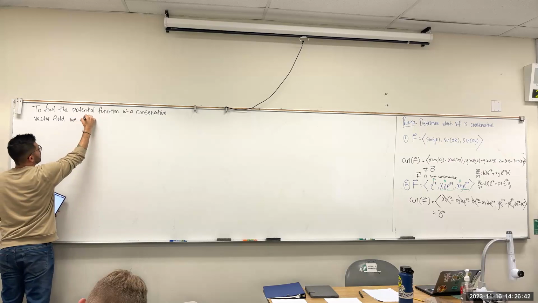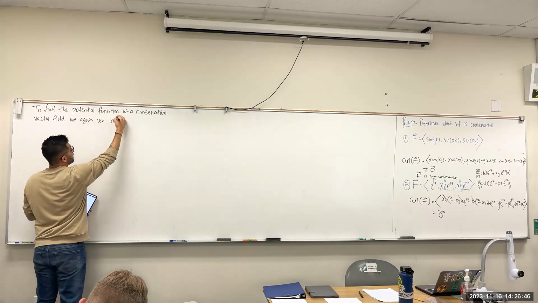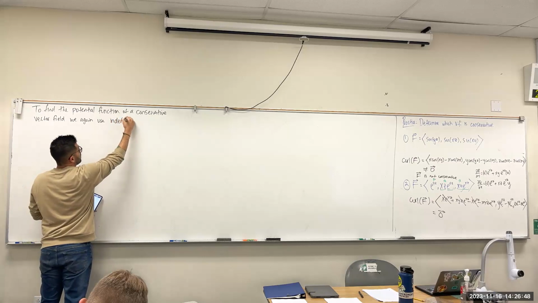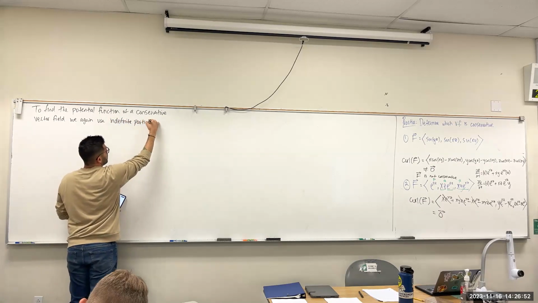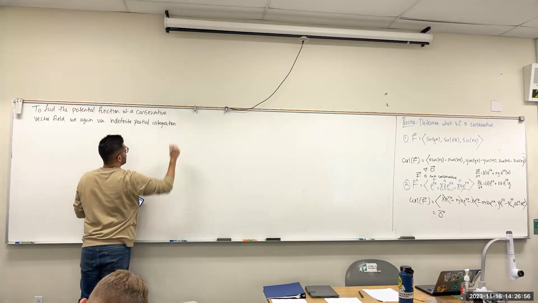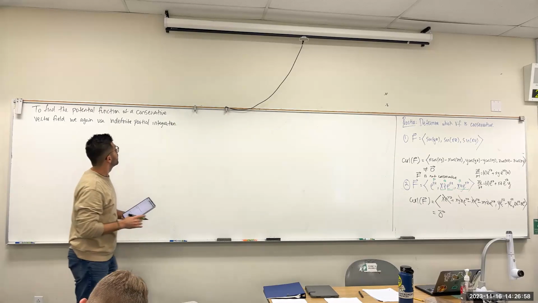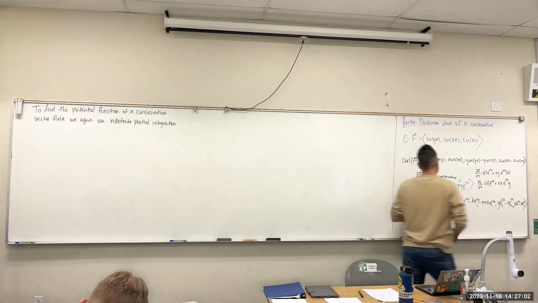we again, like we did Tuesday, use indefinite partial integration. And again, the book will do it different, but we're going to do it the way I showed on Tuesday.